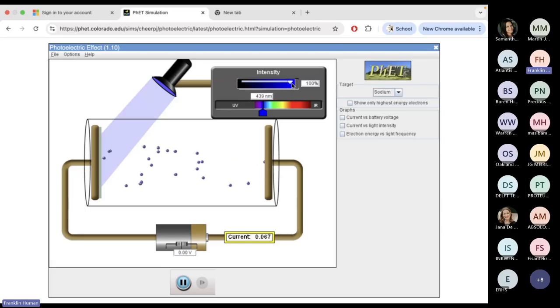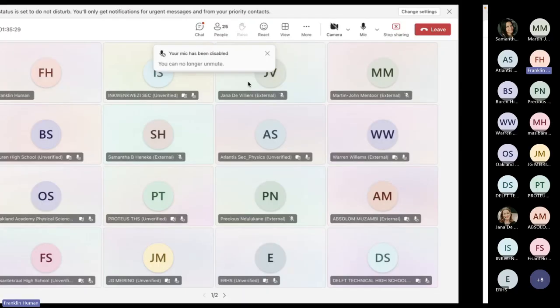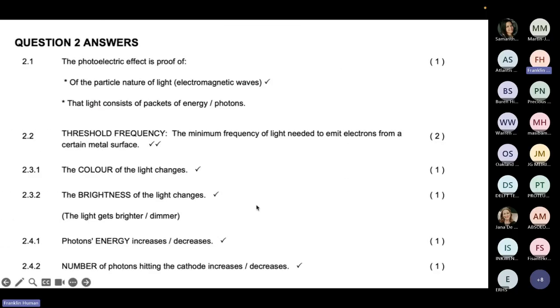In other words, I didn't change the wavelength and I didn't change the frequency, but I am changing the intensity. So let me turn the intensity down. Turn my intensity a little bit further down. There we go. And I can definitely see I've got fewer electrons being emitted from the surface of my metal. All right. Okay. So that is this answer over here.